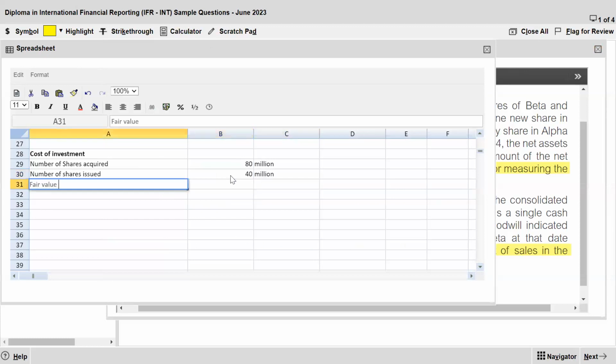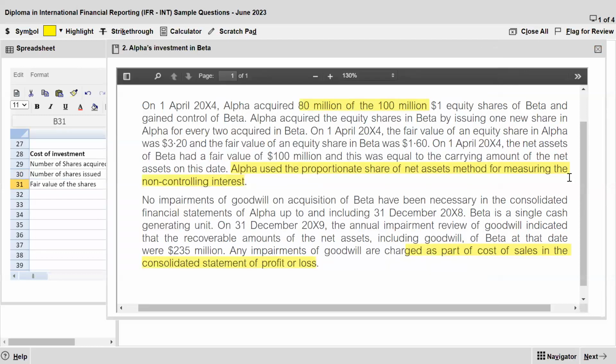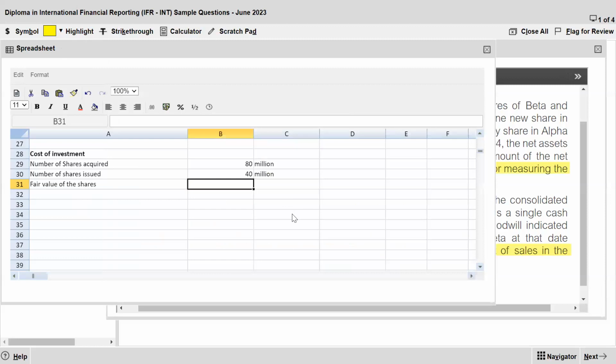The fair value of the shares is going to be what? For each share of Alpha that you issued, the fair value of an equity share in Alpha was 3.2 and the fair value of an equity share in Beta was 1.6. We don't have to consider that. We have to consider the fair value of the equity shares in Alpha, which was 3.2. So you simply say 3.2 multiplied by 40 million, which is $128 million.